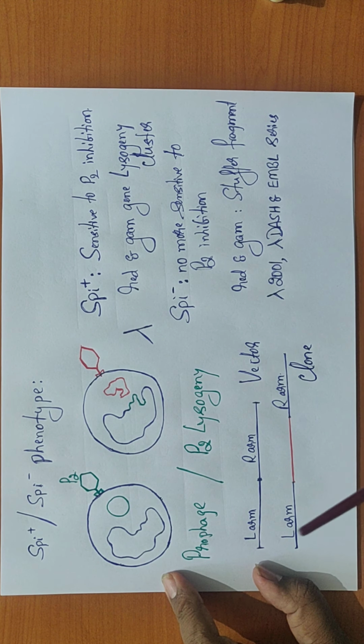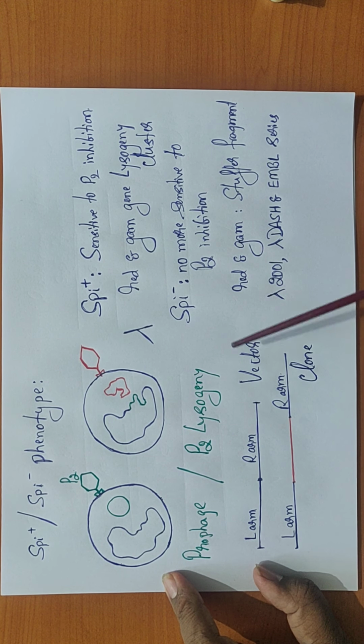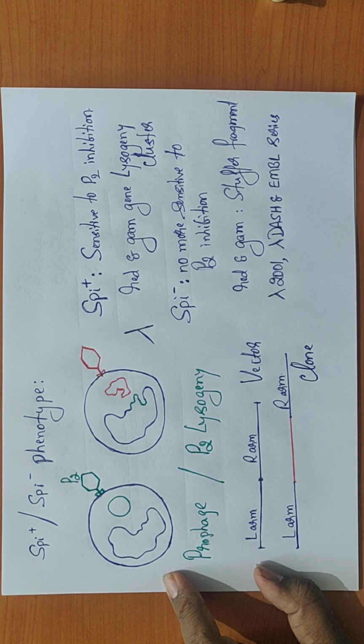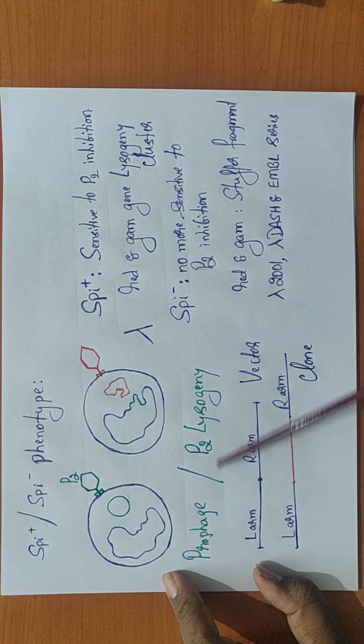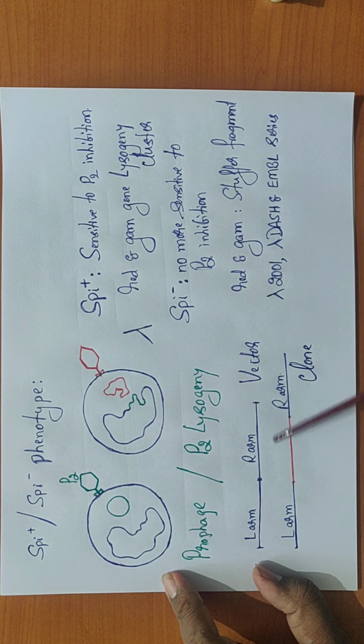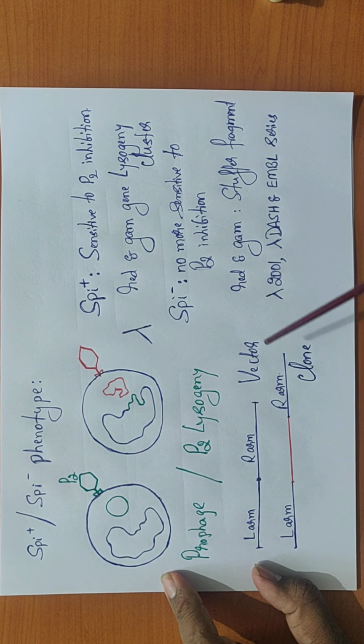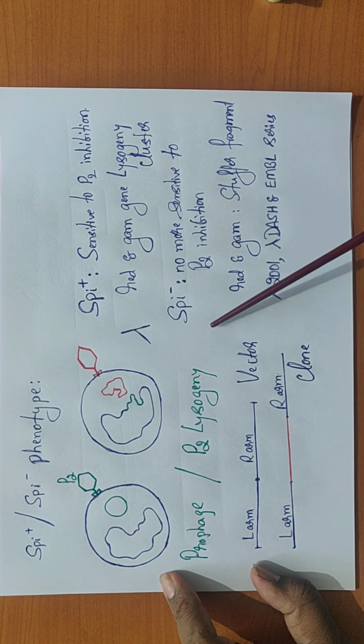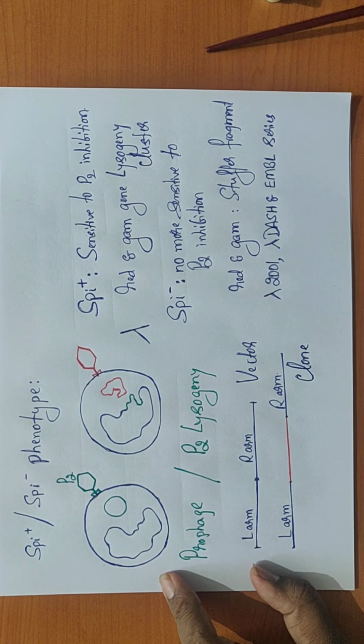We know that with a larger DNA segment, especially more than 10 kilobase, it is difficult to transfect the DNA into the E. coli host. How we are going to incorporate this big DNA, either the vector or the clone, in the process of transfection, we will discuss in the next video. Thank you very much.